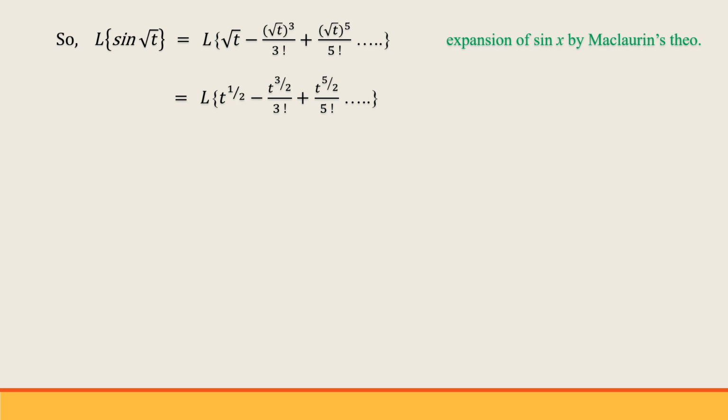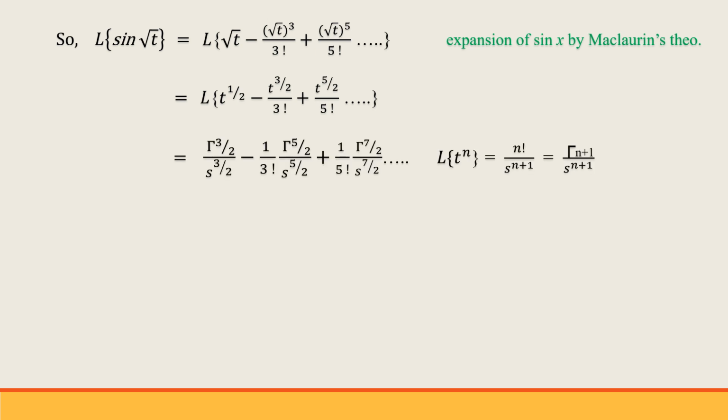Now we can apply the Laplace transform to individual terms, as the Laplace transform of t raised to the power n, we know it as gamma n plus 1 by s raised to the power n plus 1.